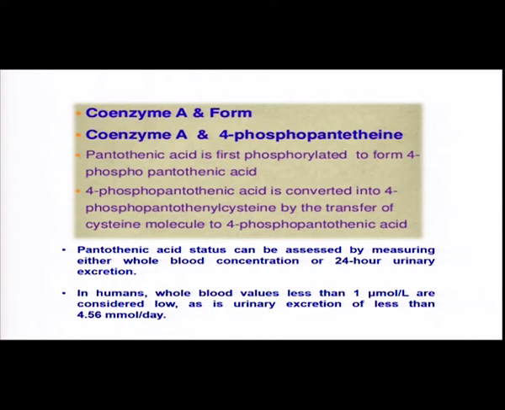So, the blood pantothenic acid levels and the amount of pantothenic acid let out by excretion in the renal system, you take into consideration, and then you calculate the amount of pantothenic acid present in our body. Generally, even if there is any deficiency, the next meal would supplement pantothenic acid.